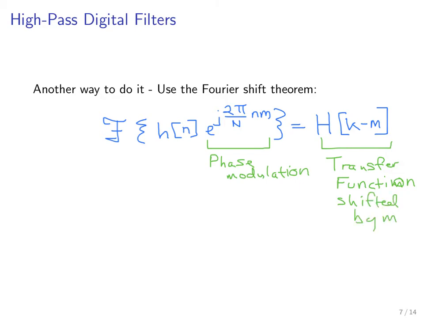So the idea here is that if we have some low-pass filter here, and this is DC, then what we can do is we can apply this phase modulation and shift it to be centered at frequency m by multiplying by this phase modulation.